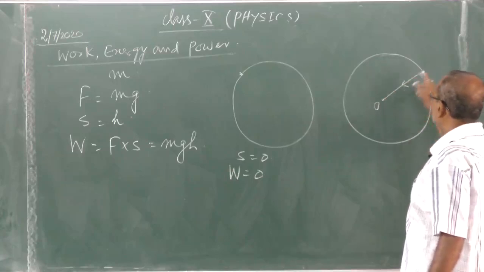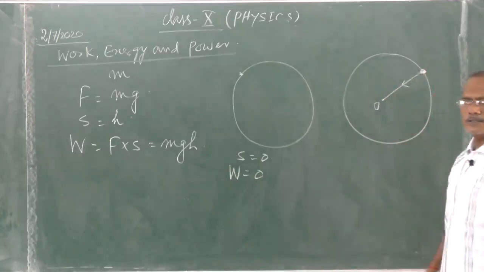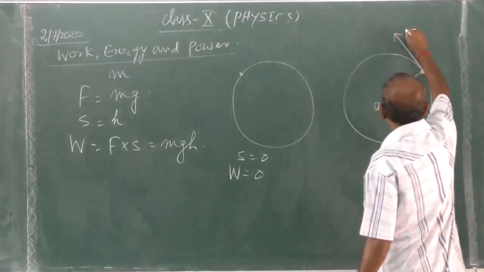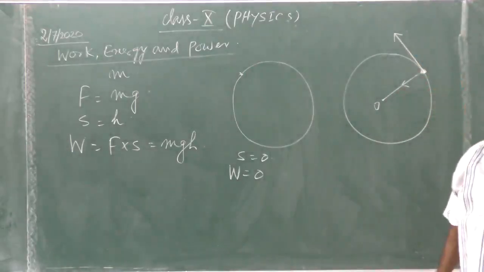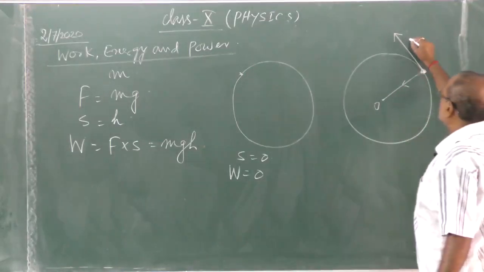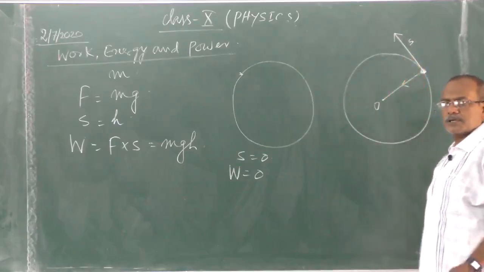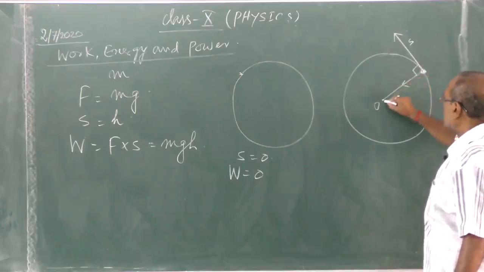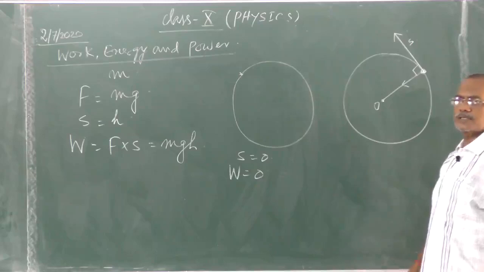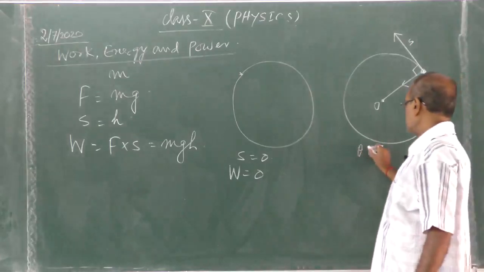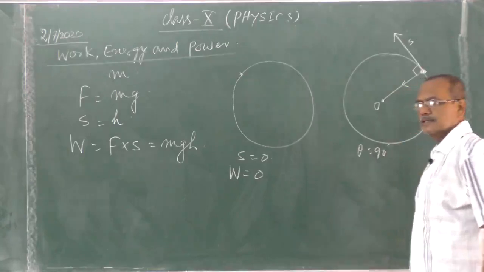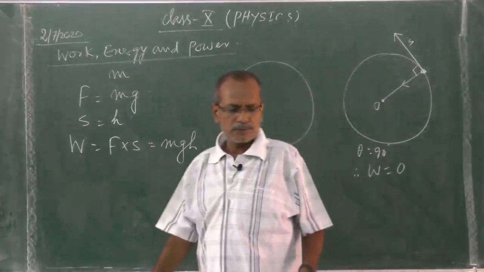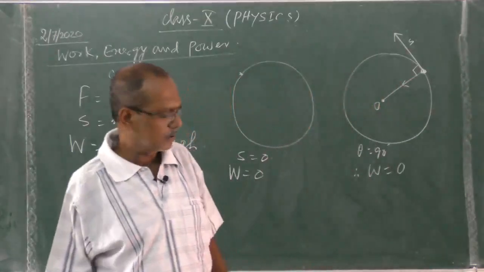The centripetal force will work towards the center. Displacement of the body is considered tangent to the point on the curve. So this is the direction of displacement for a particular instant. So the tangent and the radius of the circle are making how much angle? 90 degree. So theta is equal to 90 degree. So therefore again work done is equal to 0.